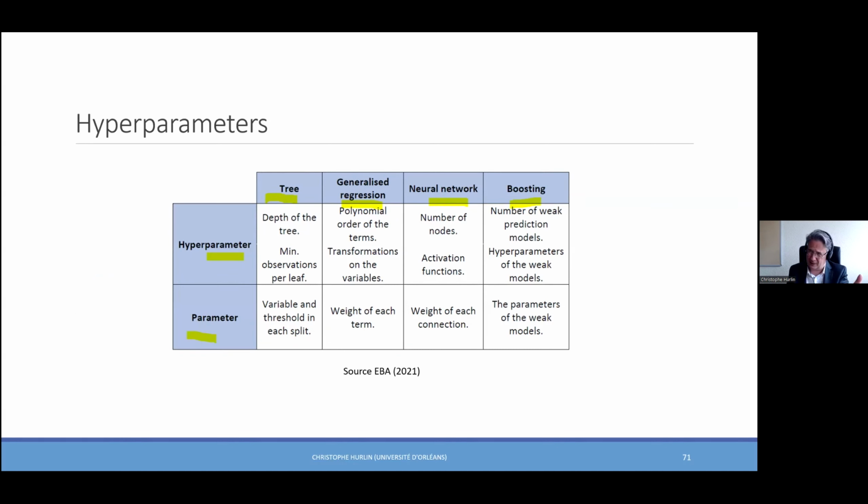So I will go back later when I present the tree or the boosting method to say we have to calibrate or fine tune the depth of the tree, the minimum number of observations per leaf, which are the hyperparameters that control the complexity of a decision tree. And then I let the algorithm determine the variables that are used in the model and the threshold used in each split. I will discuss this point later.